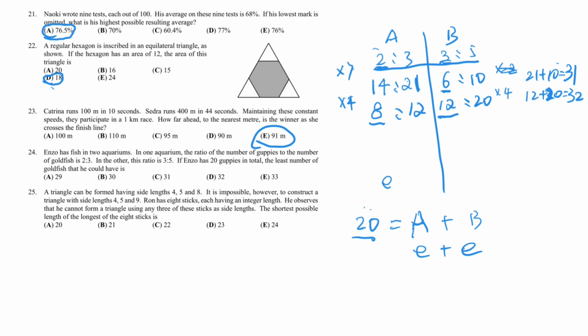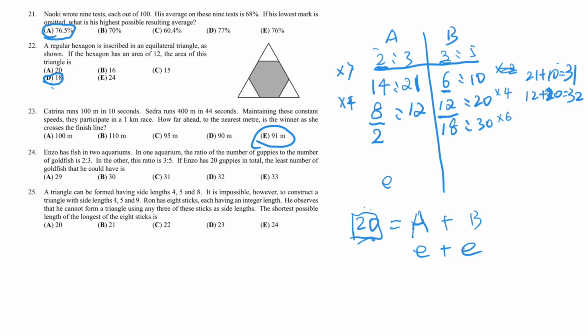Now for the B, we times 6. 3 times 6 gives us 18, and 5 times 6 gives us 30. B has 18 guppies. In the A, the guppies must be 2. 2 plus 18 gives us 20.